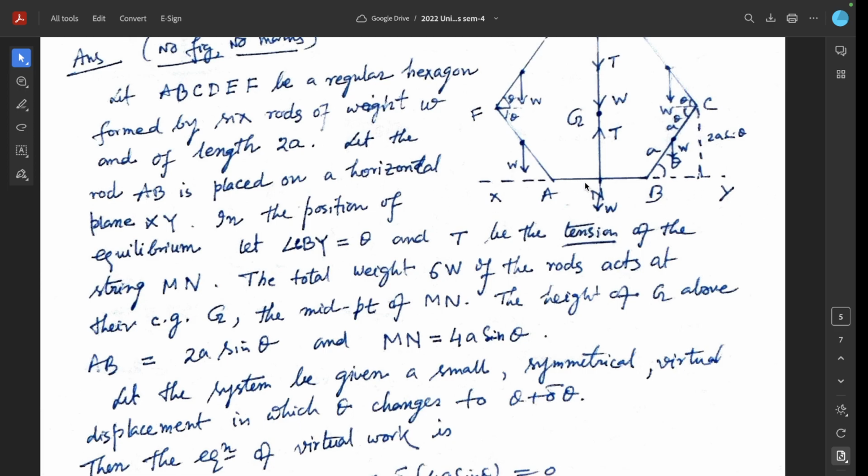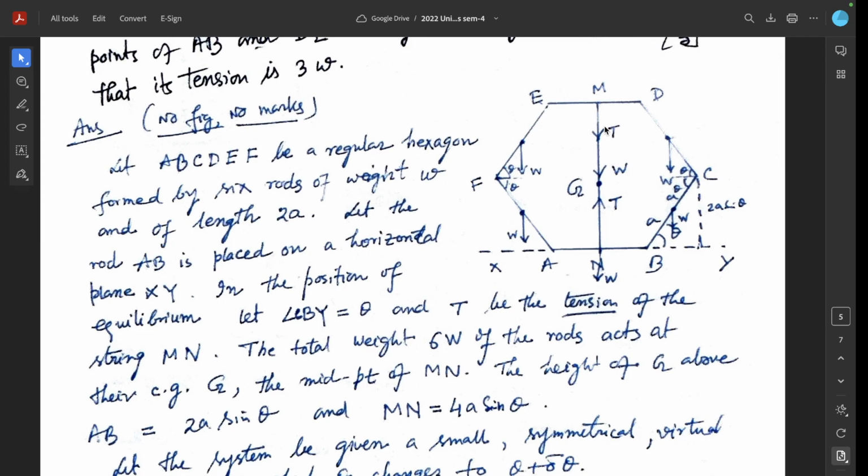Above the baseline, virtual work is negative; below the baseline, it is positive. By convention, for this force 6W, the height is 2a sin theta, so it is minus 6W delta of 2a sin theta, because this force is above the baseline.